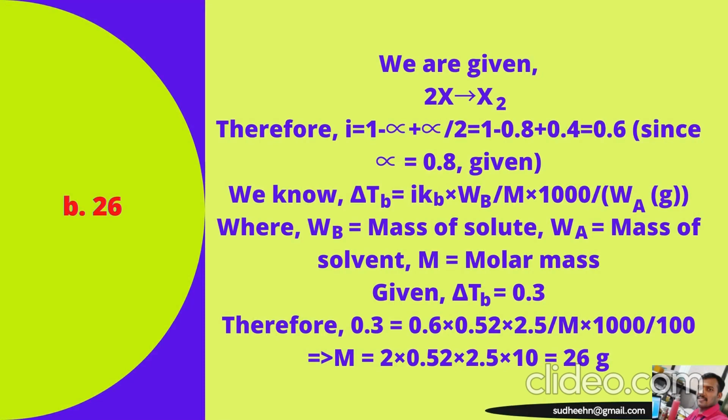We know that delta TB is equal to i into KB into WB divided by M into 1000 divided by WA. Substituting the known values of WB, WA and the others in this equation, we get the value M equal to 26 grams. So the right option is option B, that is 26.